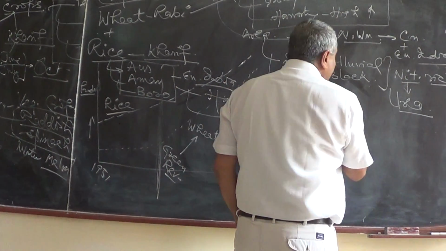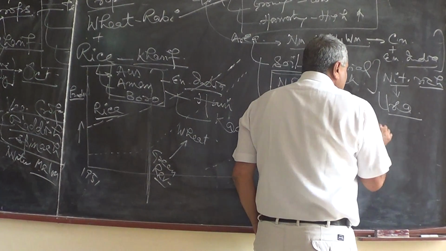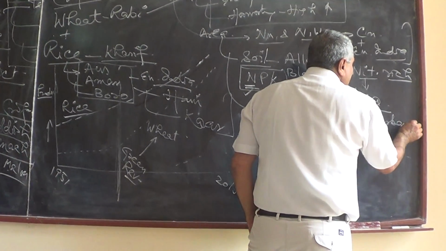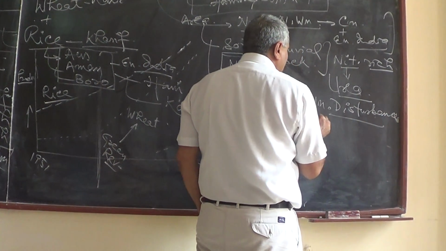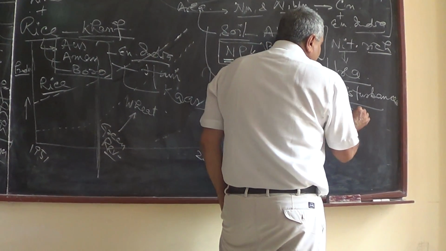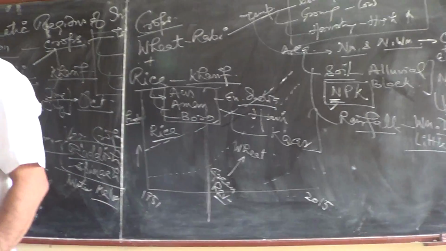Though wheat requires less rain, the western disturbances in northwest India yield little rain, and that rain is sufficient for raising that crop.